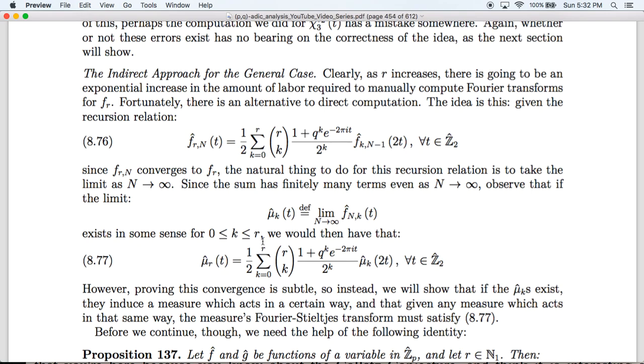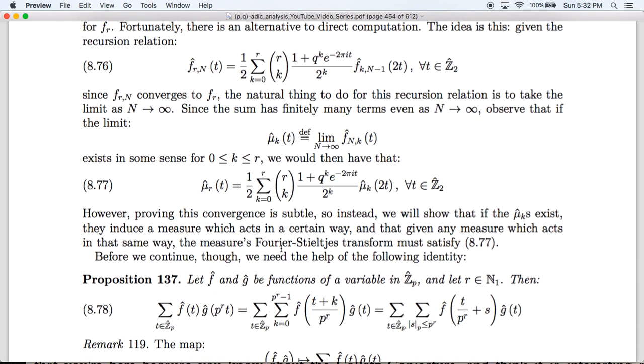Quasi-integrability is more than just saying that f_r, by some weird formula, induces a measure. Instead, not only does f_r induce a measure, but if we sum the Fourier series generated by the Fourier-Stieltjes transform of said measure, the result actually converges to f_r as a function.